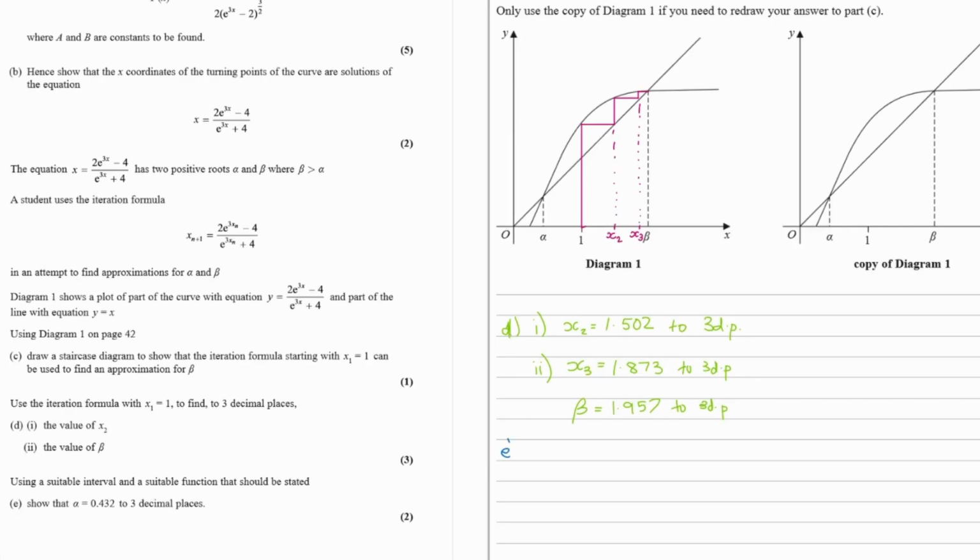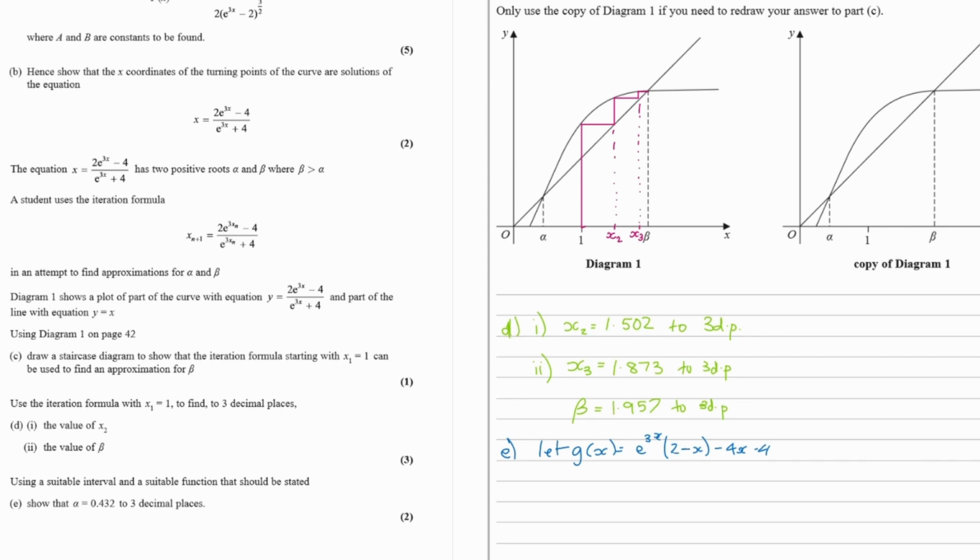So for part E, because we've been asked to state a suitable function, we can say let g of x be equal to the equation we've been using, which is e^(3x)(2 − x) − 4x − 4.